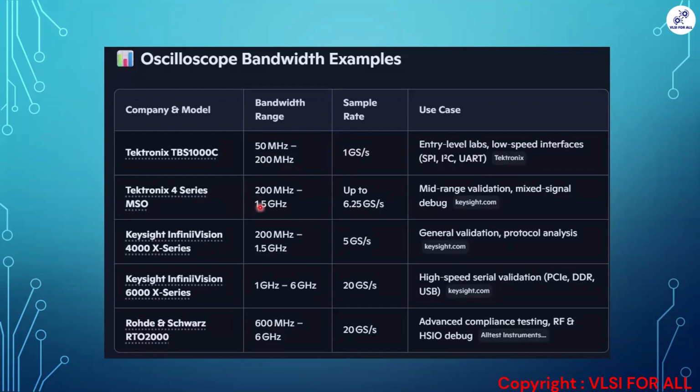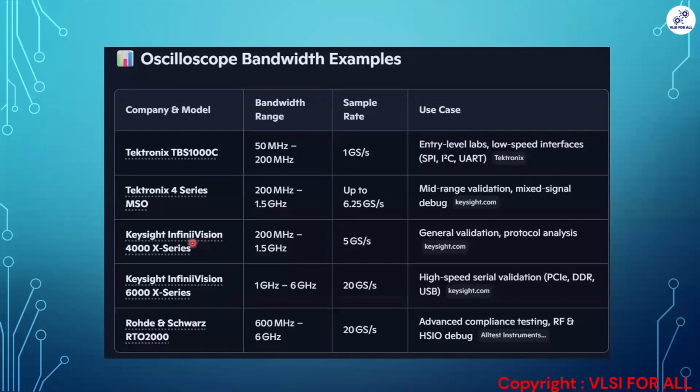Coming to the Tektronix 4 series MSO, mixed signal oscilloscope, 200 megahertz to 1.5 gigahertz, and its sampling rate is 6.25 giga samples per second. It's a mid-range for validation. It is used for JTAG and other IPs.